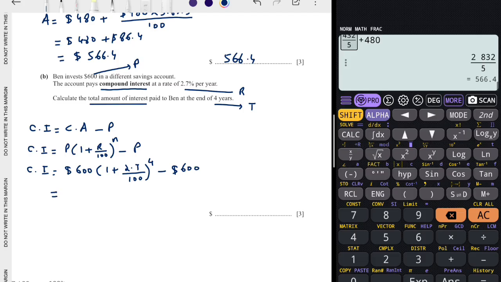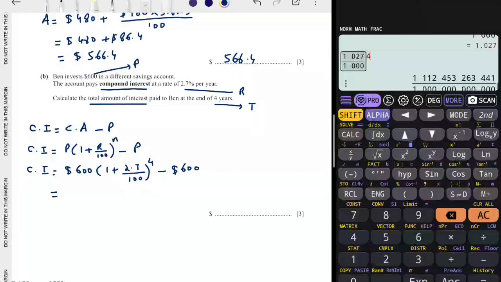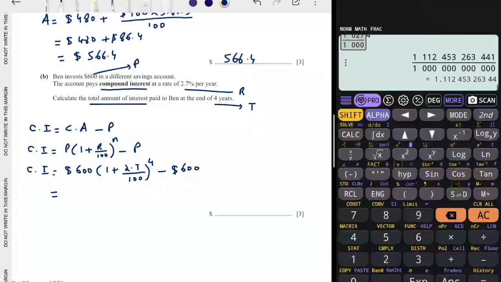Now we will simplify it. 2.7 divided by 100 plus 1, raised to the power 4, this becomes $600 times 1.1124 minus $600.